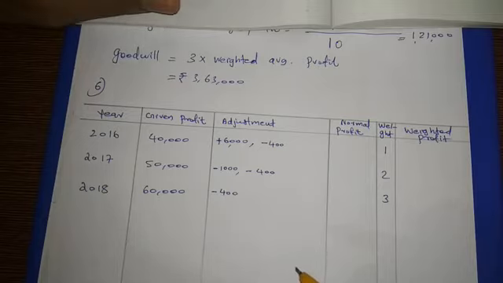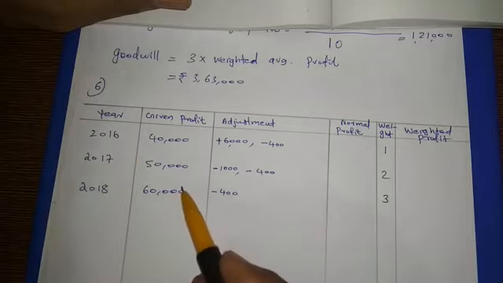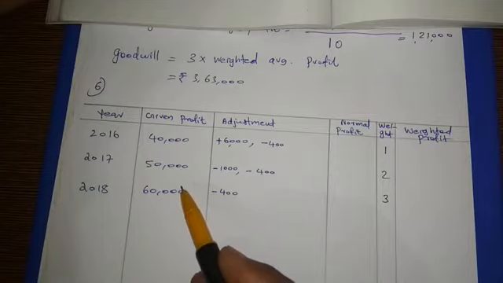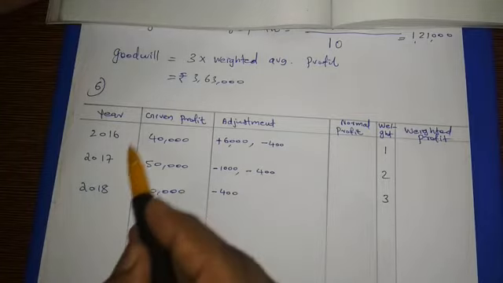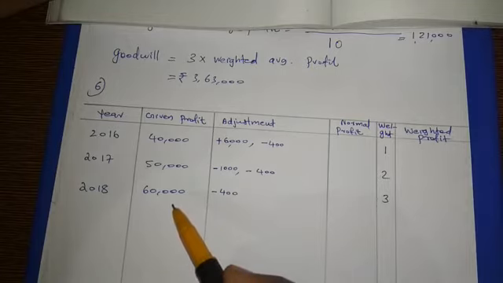Fifth one: reasonable remuneration of the proprietor of the business is 6,000 per year, but it has not been taken into account for calculation of the above-mentioned profit. In this profit, the reasonable remuneration to the proprietor, 6,000, is not taken. 6,000 is an expense. In the future we need to consider this, and we are calculating goodwill for future purposes.